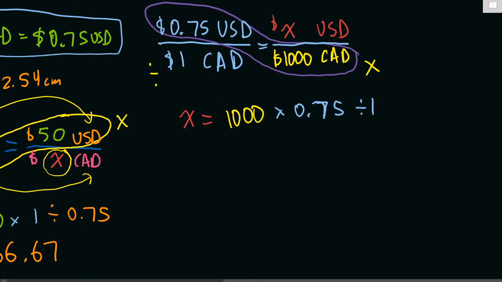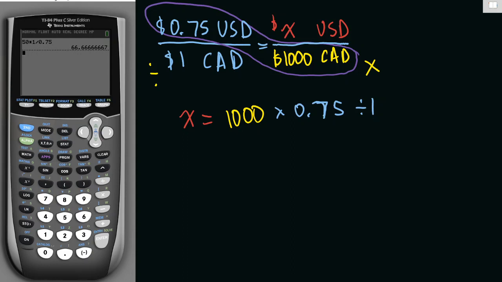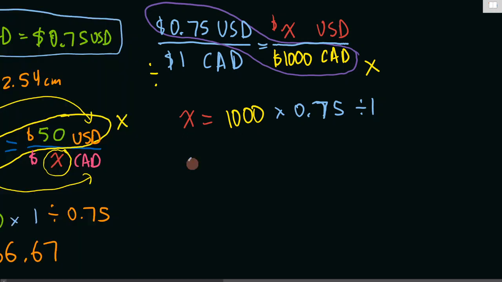So let's pull this to my side so that I can see this at the same time as my calculator. So we're going to do 1,000 times 0.75 divide by 1, and my calculator tells me it is $750 exactly. So I guess I'm doing X in red. So X is $750.